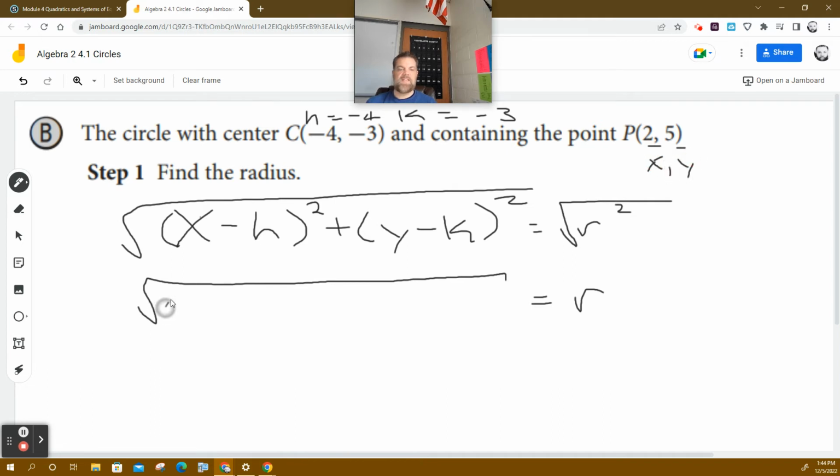So we would say that 2 minus h, which is -4. So we got to say minus -4. Somebody will mess that up. Don't do that. y, which is 5, minus k, but k is -3, so you're minusing -3, squared.